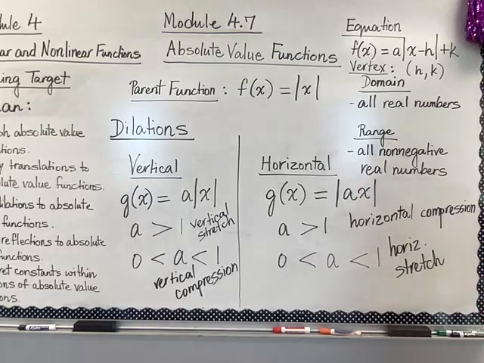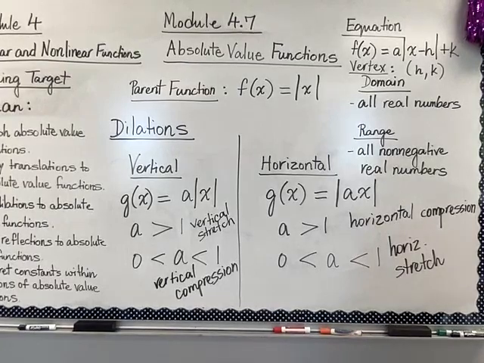So this is the first thing that I wanted you to see, and then we can move on to questions related to this. Once again, multiplying by a constant a after evaluating an absolute value function creates a vertical change, either a stretch or compression.